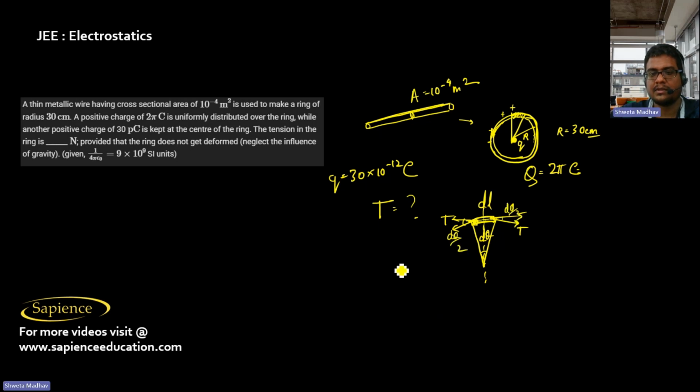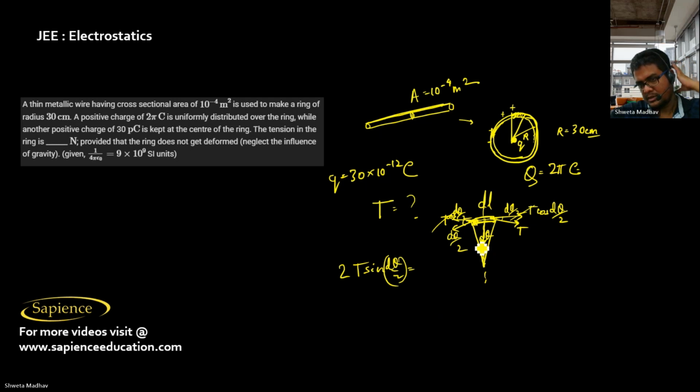So T is acting like this, so it is T cos d theta by 2, and this is also T cos d theta by 2, so these two will get cancelled, and only 2T sin d theta by 2 is acting. That is equal and opposite to the repulsion.